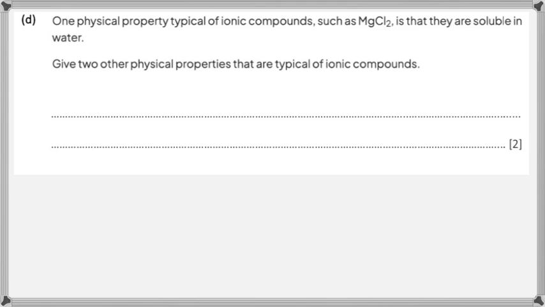Again, for ionic compounds, they have a high melting point. We can also say, or high boiling point.